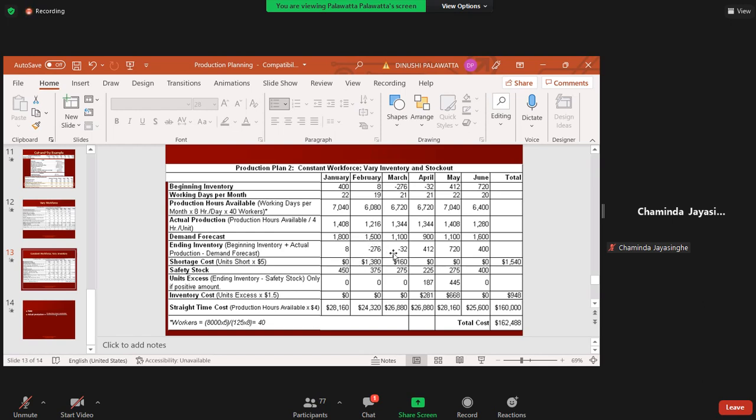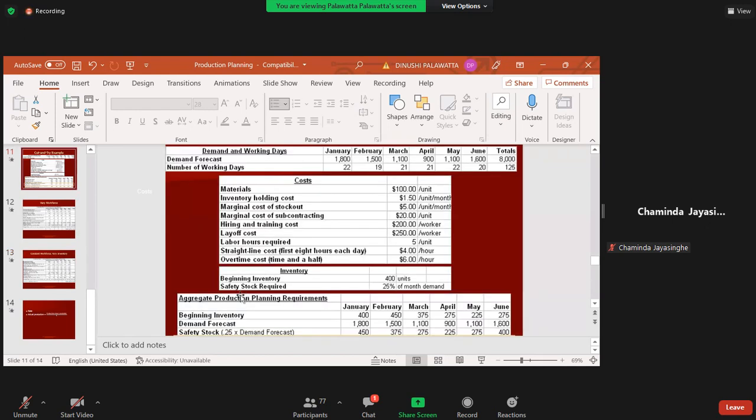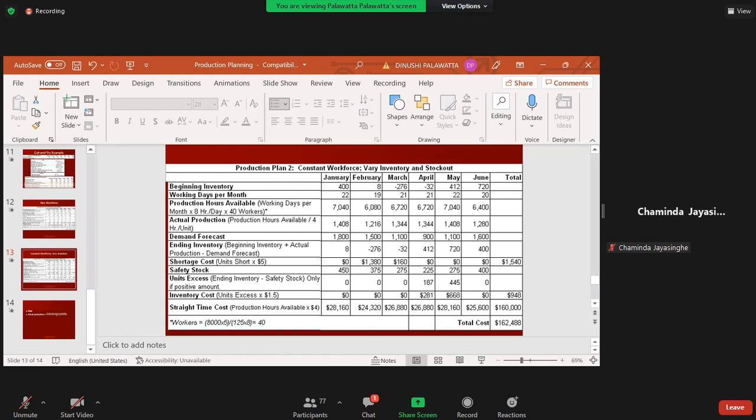The shortage cost: the marginal cost of stock out is 5 per unit, so 276 multiplied by 5, you get 1,380.